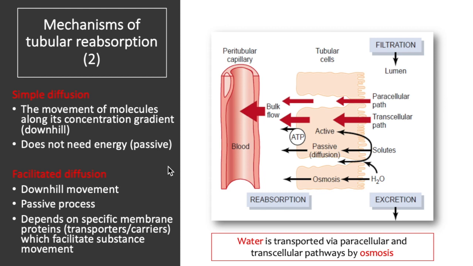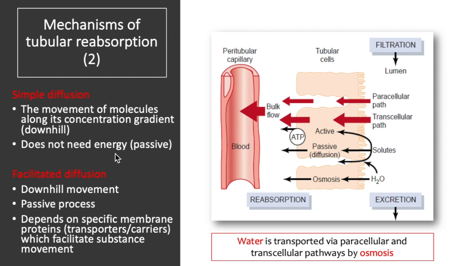The mechanisms by which this transportation occurs depend on the type of substances, transporters, and the need of energy. The transport mechanisms that do not need the use of energy are diffusion, which can be further categorized into simple diffusion and facilitated diffusion. So both simple and facilitated diffusion are passive processes that do not require energy.